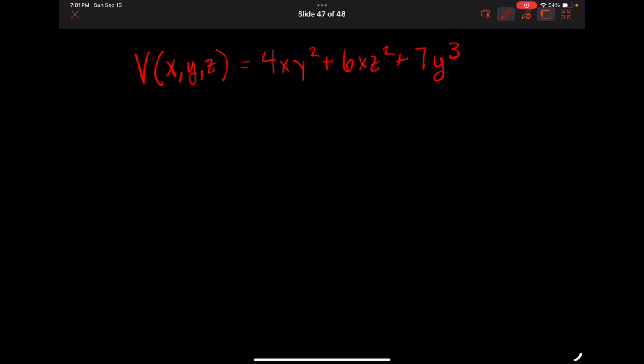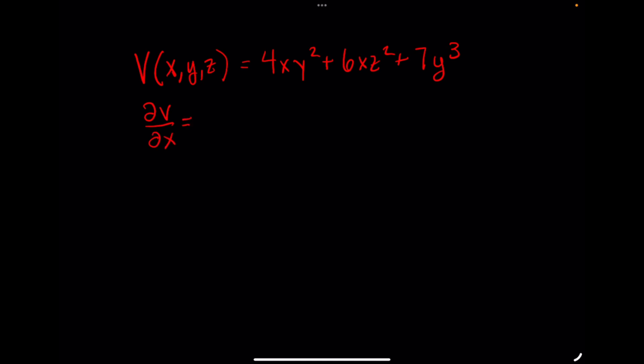Taking a partial derivative of V with respect to x would be going through each of these terms, treating every other variable as a constant, and only taking the derivative with respect to x.